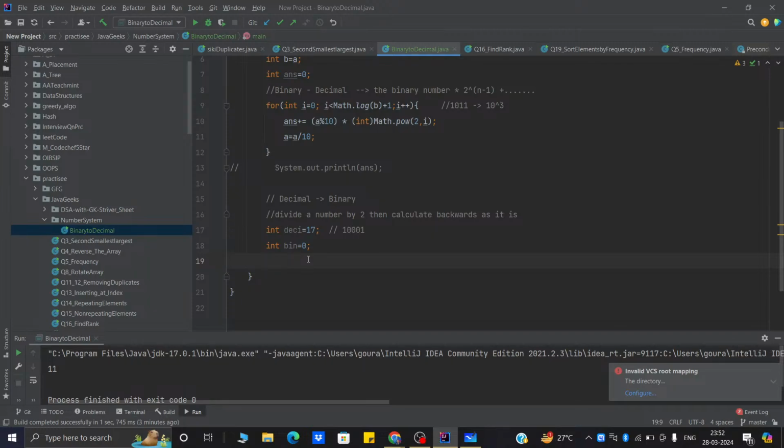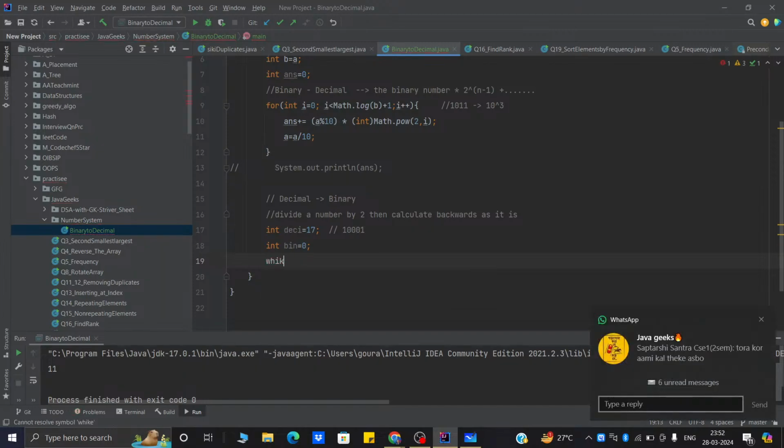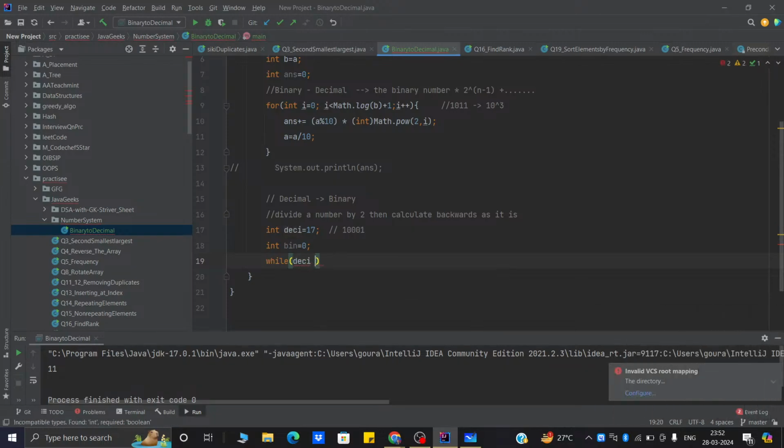So we can take a for loop. No, we can take a while loop. While decimal is greater than or equal to 2, it will divide until it is less than 2, like 0 or 1, then it will stop, isn't it?